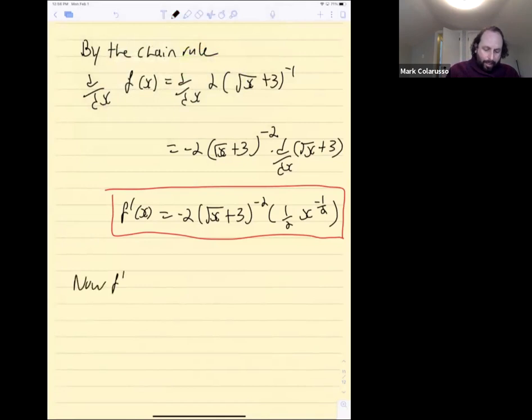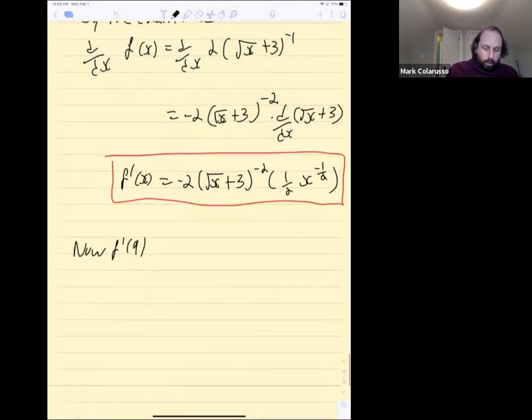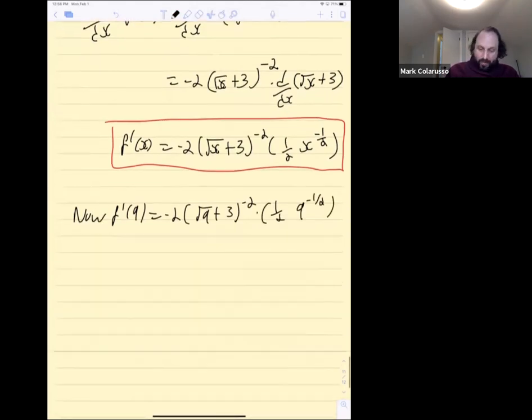Now f prime at 9 is given by minus 2 times the root of 9 plus 3 to the minus 2, times 1/2 times 9 to the minus 1/2. The root of 9 is 3, so this is 6 to the minus 2.